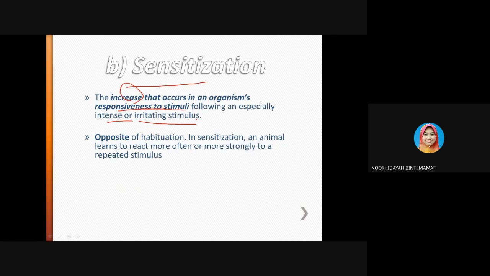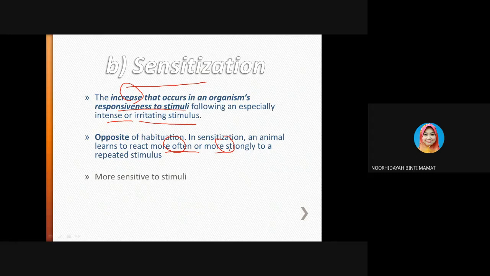In sensitization, an animal learns to react more often or more strongly to a repeated stimulus. They don't eliminate the response as in habituation, but react more often and more strongly. That's why sensitization is the opposite of habituation: the animal is more sensitive to stimuli, while in habituation it is less sensitive.